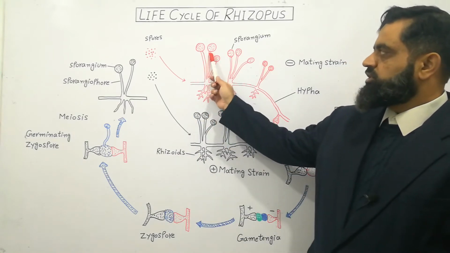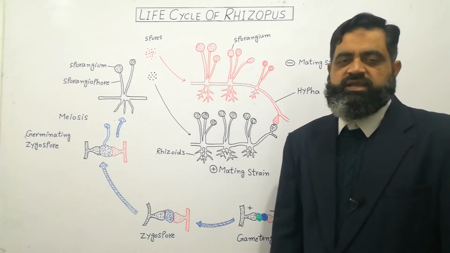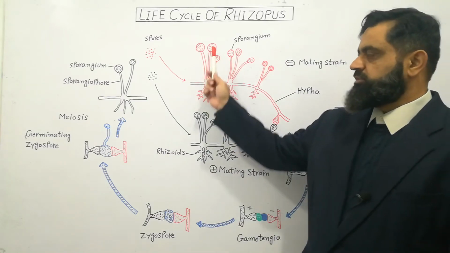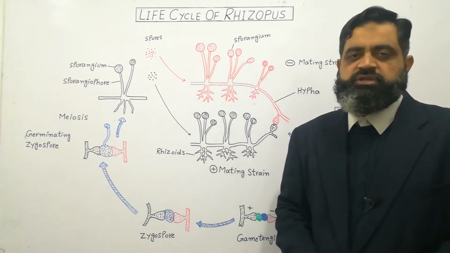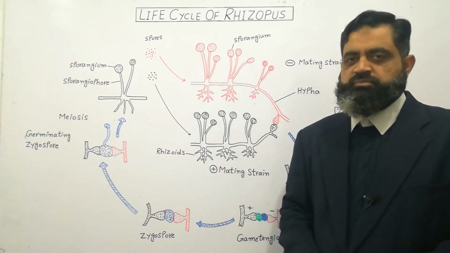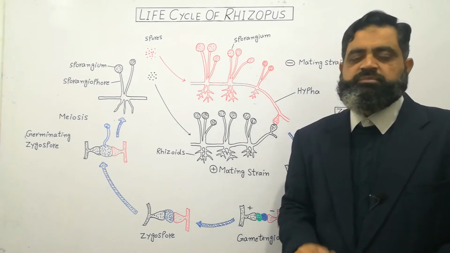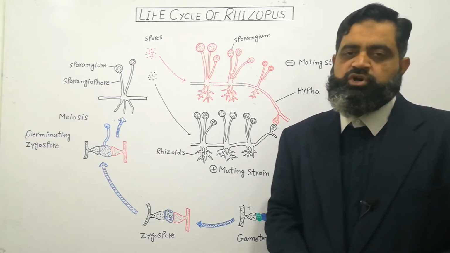At the end of the sporangiophore, they form a sac-like structure known as sporangia or sporangium. Spores are produced by mitosis during asexual reproduction, and spores are dispersed by wind and germinate into new Rhizopus or new mycelium.